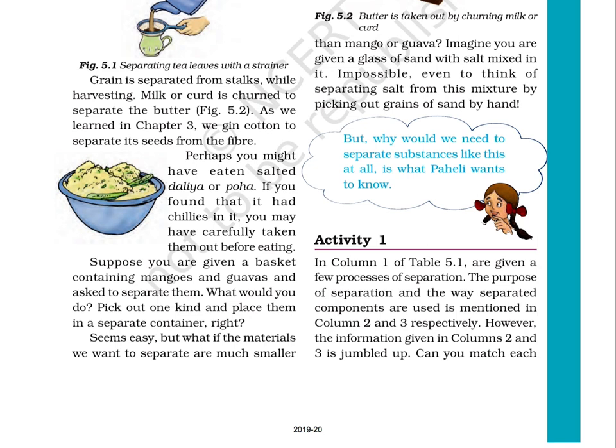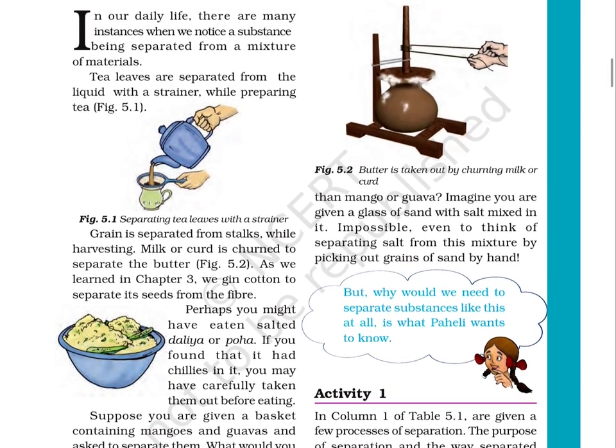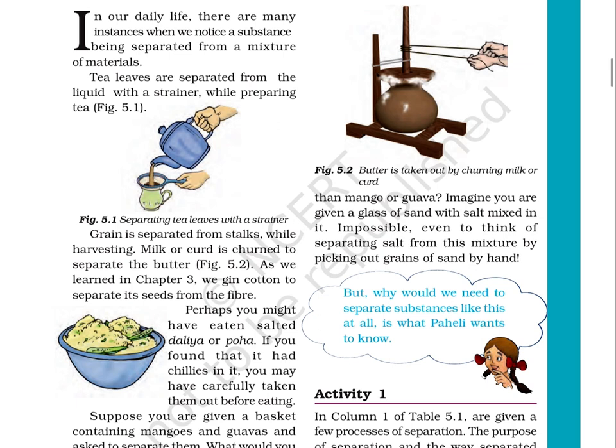Seems easy. But what if the materials we want to separate are much smaller than mango or guava? Imagine you are given a glass of sand with salt mixed in it. Impossible even to think of separating salt from this mixture by picking out grains of sand by hand.